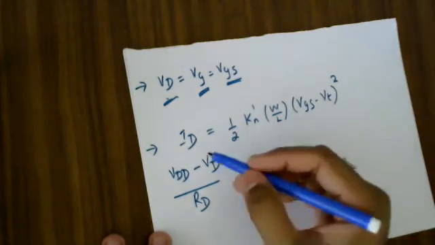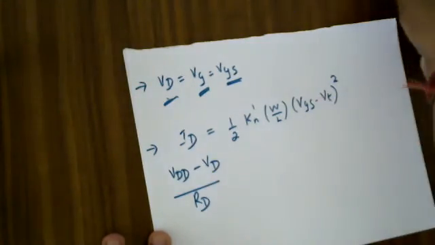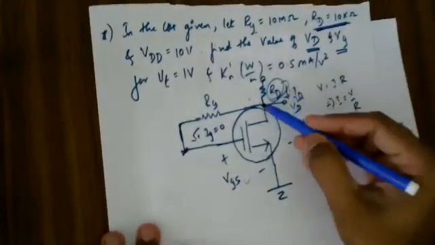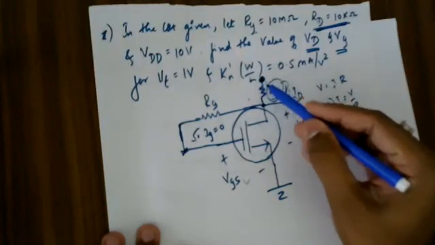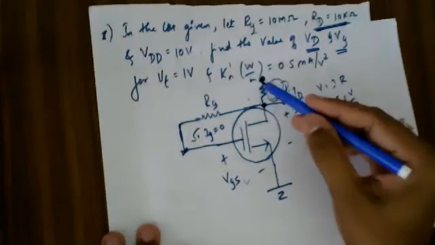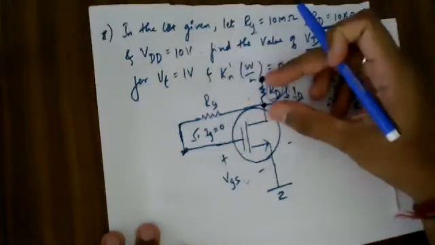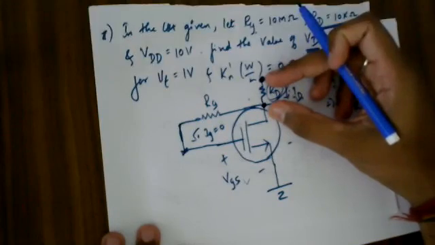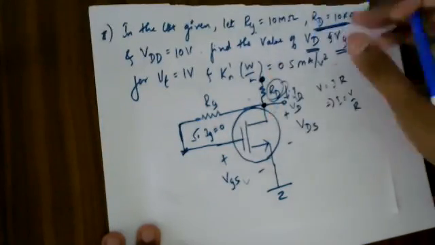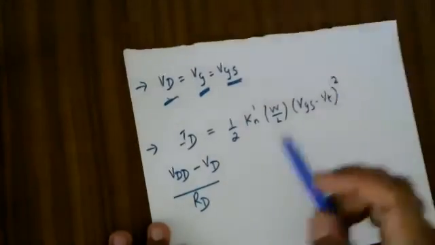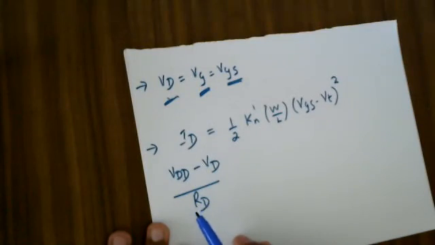No Puja, it will not be directly VDD by RD because my resistance RD is at two potentials. One is VDD, another one is VD. So it's a voltage difference, not just voltage. I'm going to consider the voltage difference. Therefore, I'm getting VDD minus VD divided by RD.